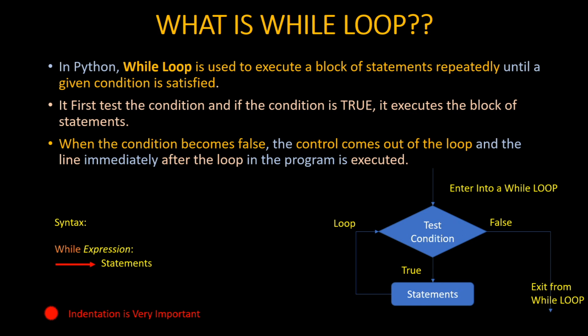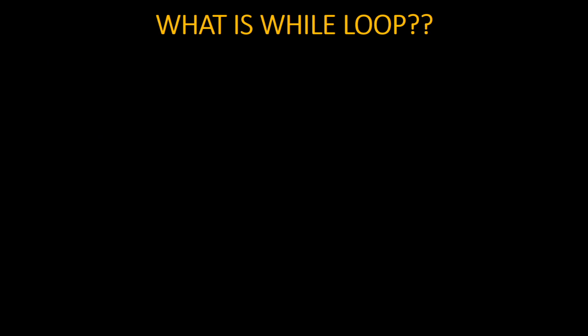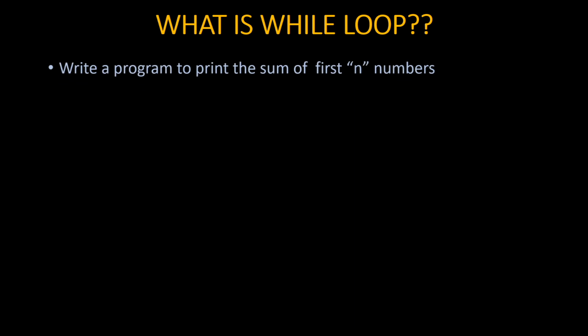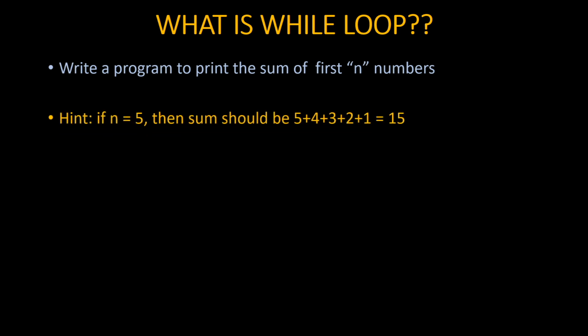Let's understand the concept of the while loop by considering an example. The question says, write a Python program to print the sum of the first n numbers. Let's take a look at the hint. The hint says if n is equal to 5, then the sum should be 5 plus 4 plus 3 plus 2 plus 1, which is equal to 15.